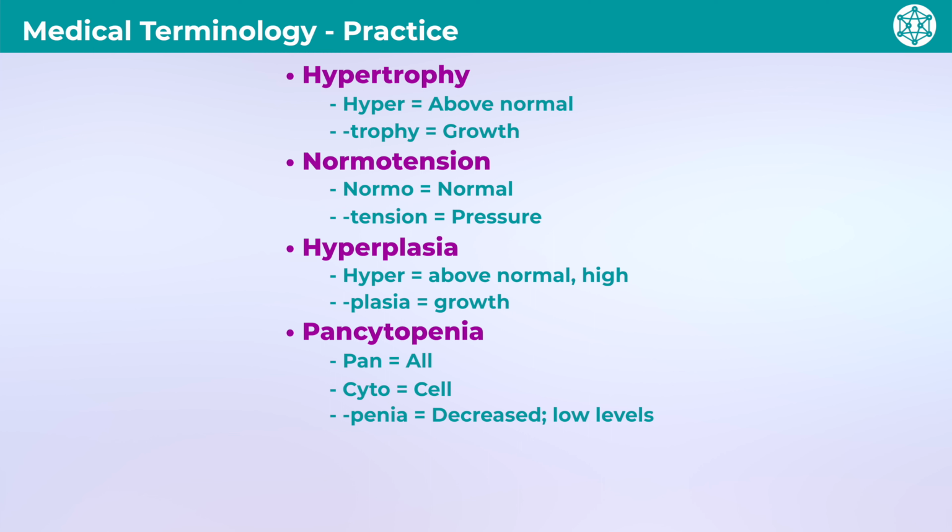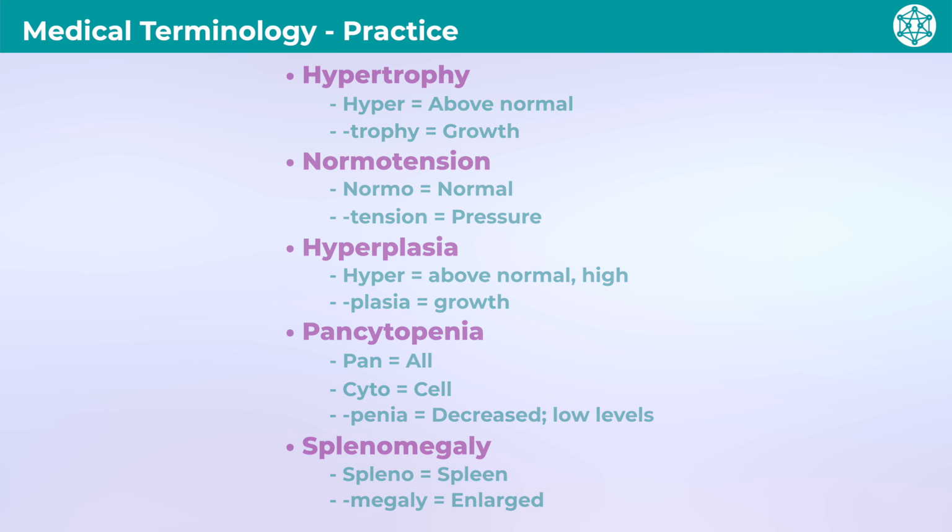It is a term commonly used in clinics or oncology when a patient exhibits decreased levels of multiple blood cell types. Lastly, splenomegaly can be broken down as spleno, referring to the spleen, and megaly meaning enlarged. Thus, it simply means an enlarged spleen. By breaking down and understanding these terms, you can gain a better grasp of medical terminology and concepts.